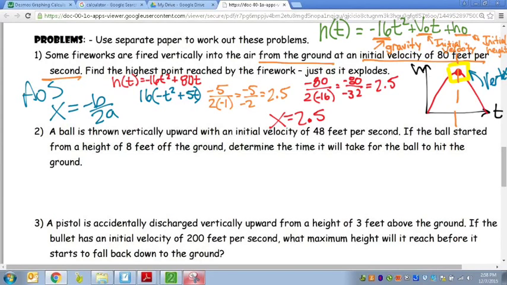What I'm going to do, I'm going to plug in this 2.5 into the equation. Okay? I'm going to plug it in, and I'm going to find what the height of the object is at 2.5 seconds. Because I know what time it gets to the highest point, but now I need to find what the height is at the highest point.